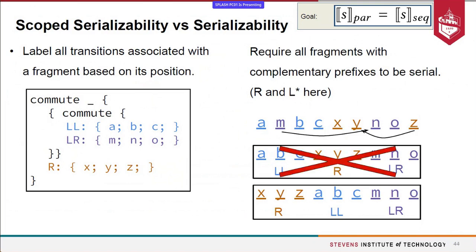So we would not count this top execution as serial execution because this R is in between transitions that have L in the prefix. Whereas we are going to allow this last one because the R is to one side of all of the transitions that have an L as their first label.